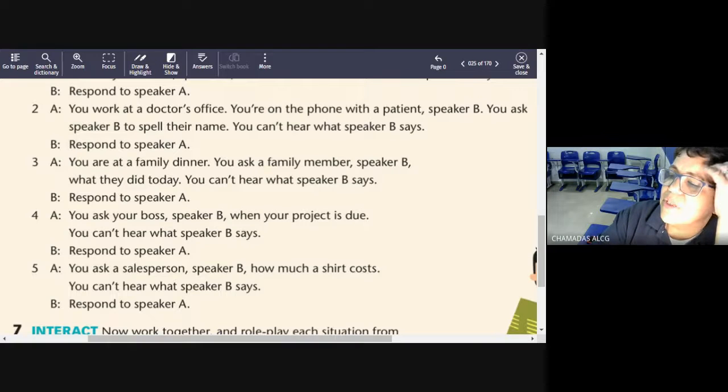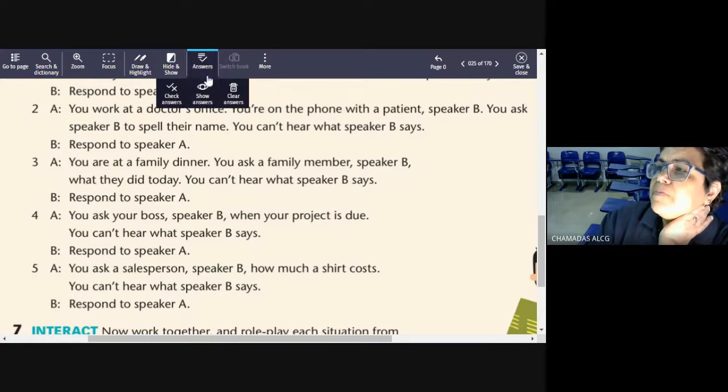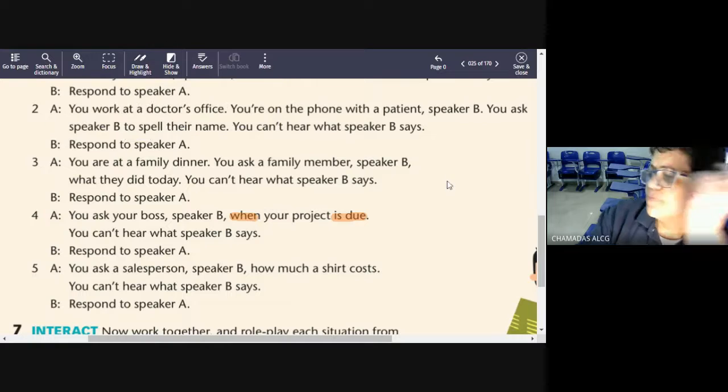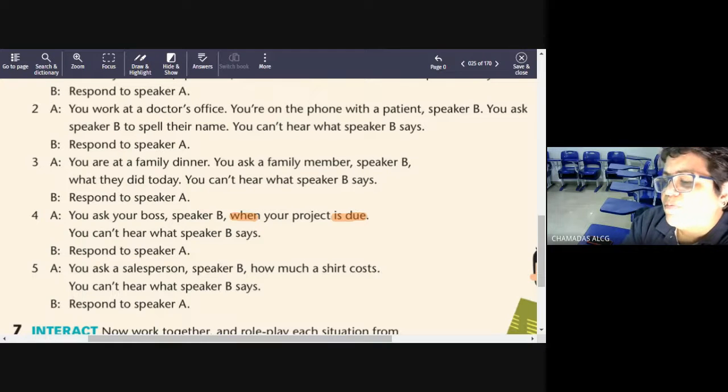Many possibilities, right? Now, number 4, you ask your boss, speaker B, when your project is due. What is this, people? Let me highlight the information here because we have new vocabulary. So you ask when your project is due. What is the meaning of this? Do you know? No?